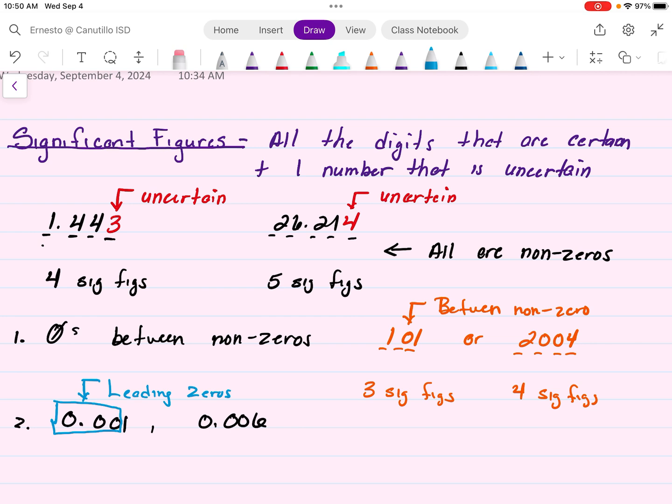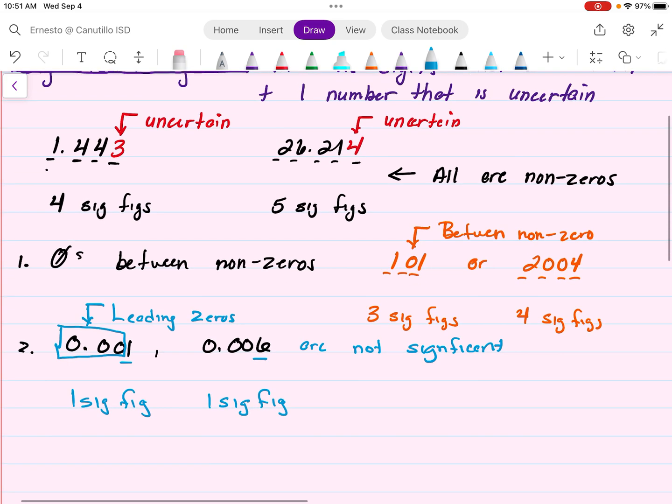Because they act as placeholders and they have to be there so you know the value of your number, those zeros are just there as a necessity and are therefore not significant. So leading zeros are not significant. When you take a look at this number, it has 1 sig fig, and this number has 1 sig fig. So zeros in the front are not significant because they're just there as placeholders.